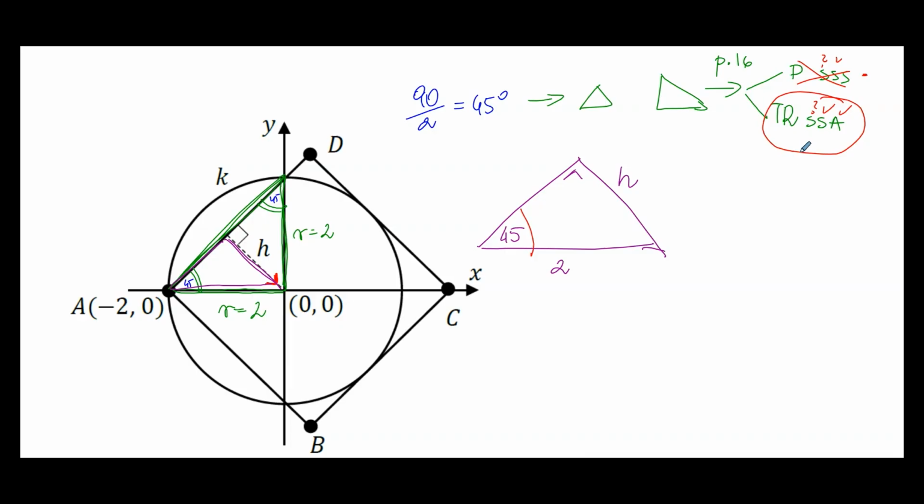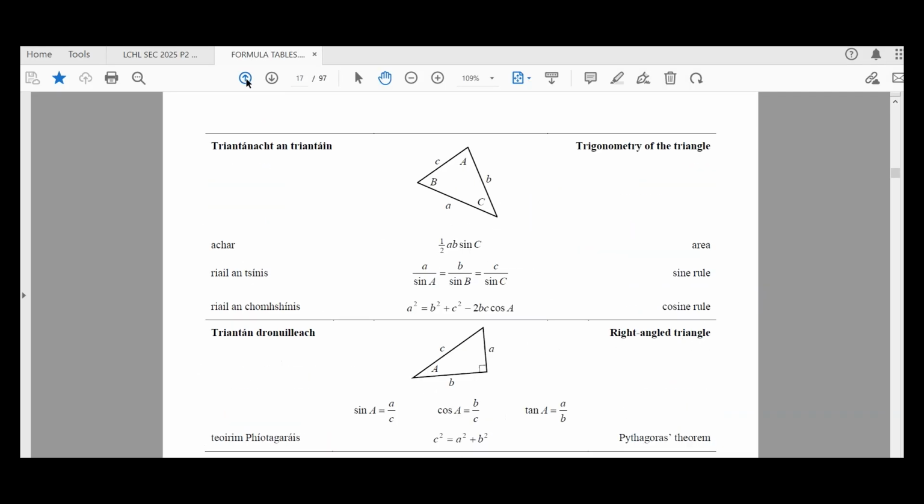How do I know? Well, I have to put letters on my triangle. Where do I start? Always with angles. Angles in a triangle are your reference point. This is the angle given to me, therefore that angle is capital A. The side opposite that angle is small a. Then the side opposite the right angle is C. Let's have a look at the table quickly, page 16.